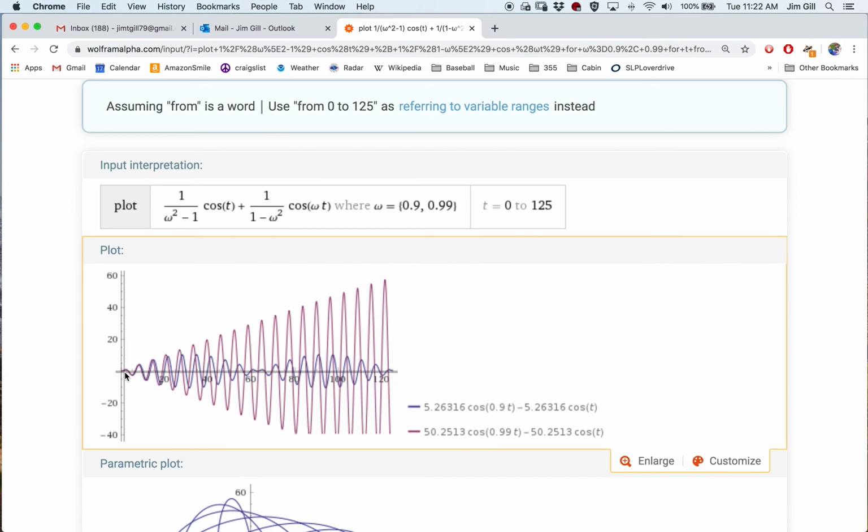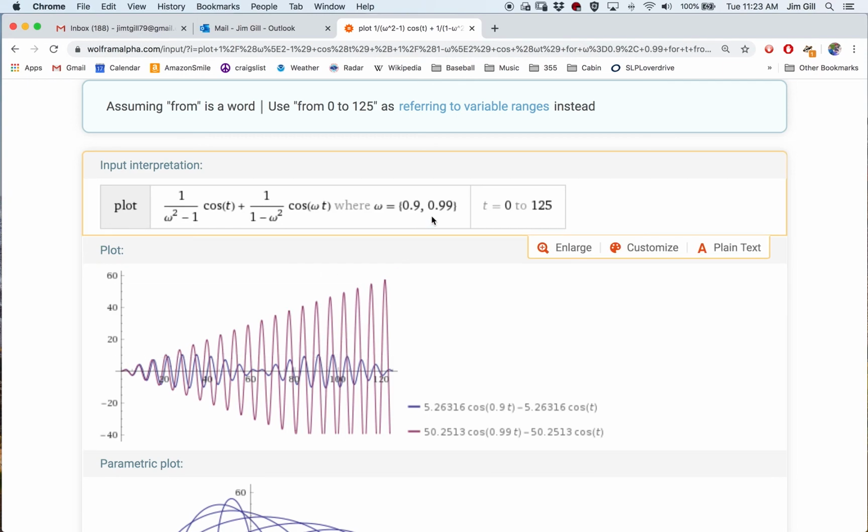Okay, so now the 0.9, where we saw those beats before, is swamped by the size of this. These beats are going to take so much longer to occur, and we get a large amplitude, right? An amplitude much larger than we got before when we choose omega to be closer to that natural frequency of 1.